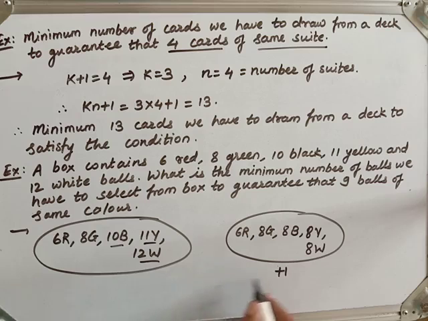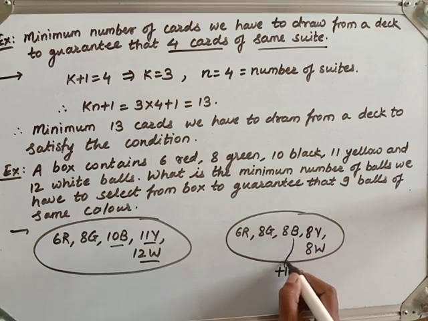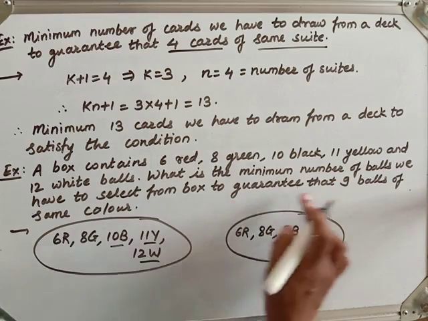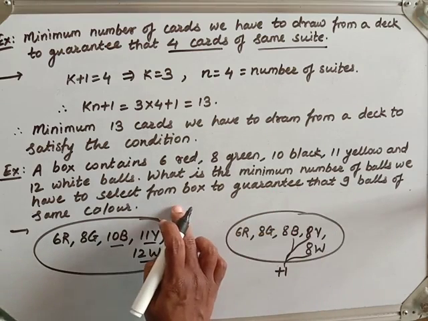It won't be red or green, but it may be black, yellow or white. So if it is taken, then it will satisfy our condition, which guarantees that 9 balls are of the same color.